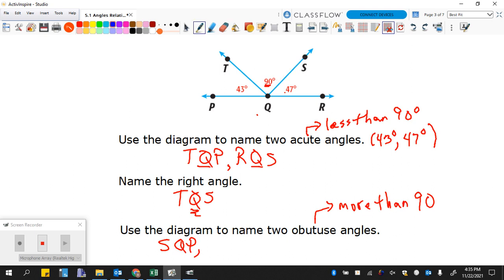Or we could say RQT or TQR. Once again, you notice that Q is the vertex, a common vertex for all the angles.